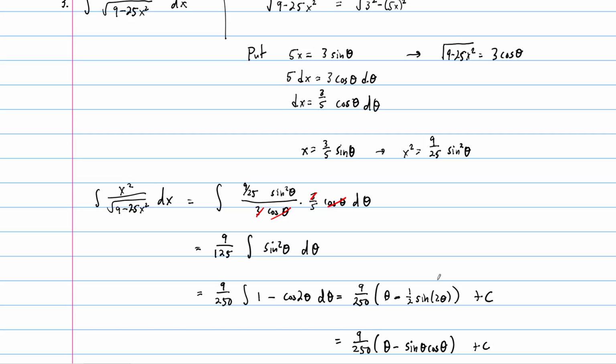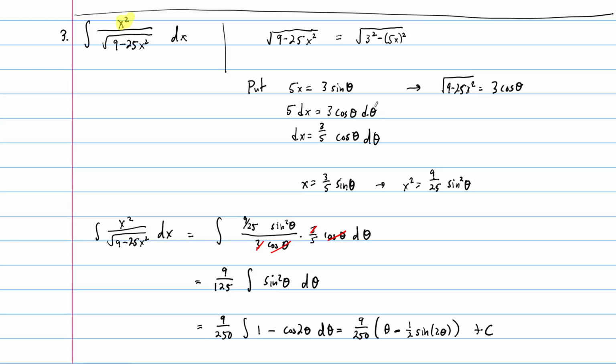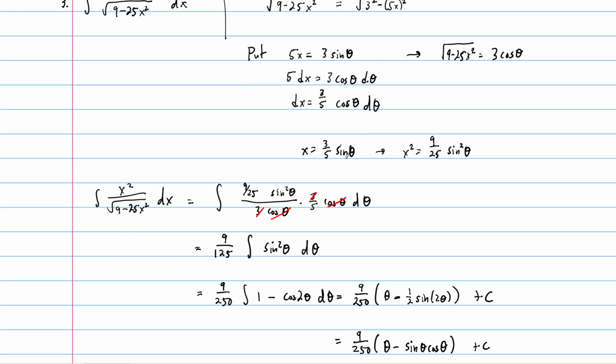So now we go back up and we have to, again, solve for theta. We've got our cosine and our sine, do we? We're almost there. We've got our sine for sure, but we need to solve for the cosine a little bit too. So let's just do them all. Our sine of theta is equal to 5/3 x, and our cosine of theta is equal to the square root of 9 minus 25x squared, all over 3.